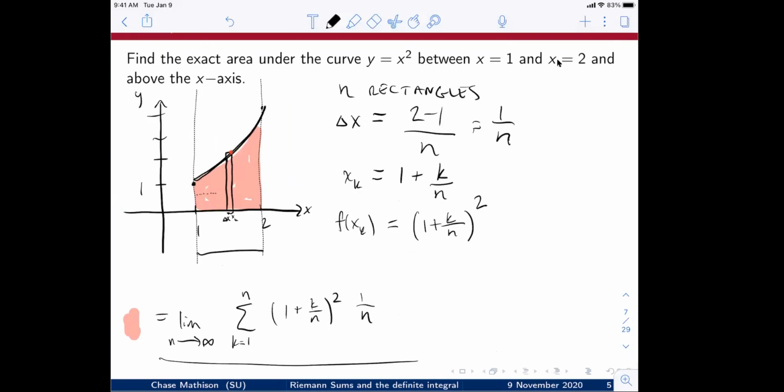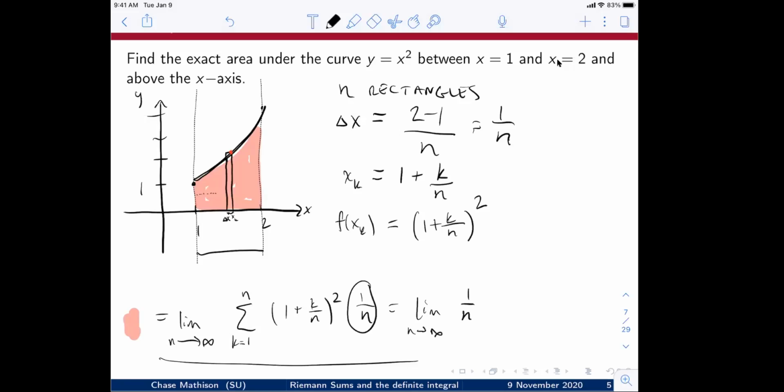All right, so let's actually start working this out because we actually can do it for this function. This is the limit as n goes to infinity. 1 over n, does that depend on k at all? No, as far as the sum is concerned, as far as this big sigma is concerned, 1 over n is a constant with respect to k. So you can pull that out in front of the sum.